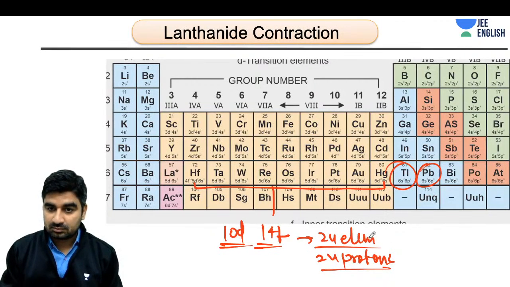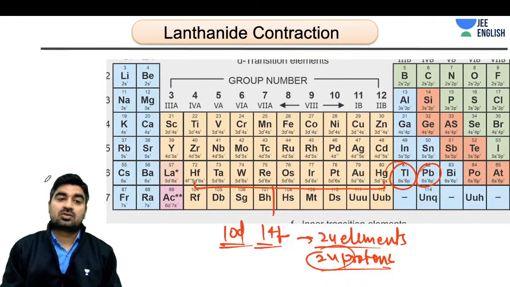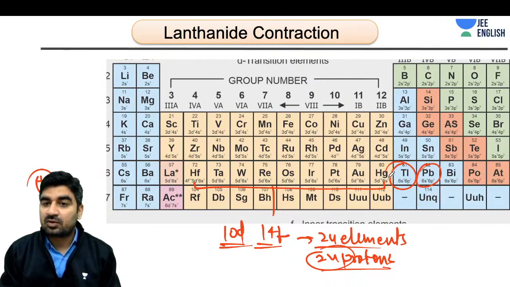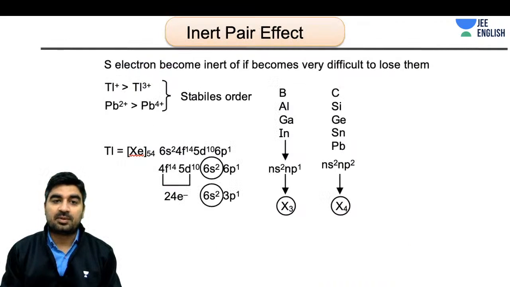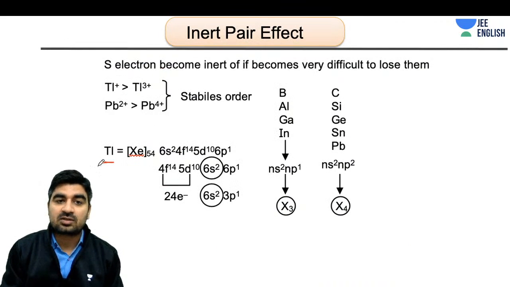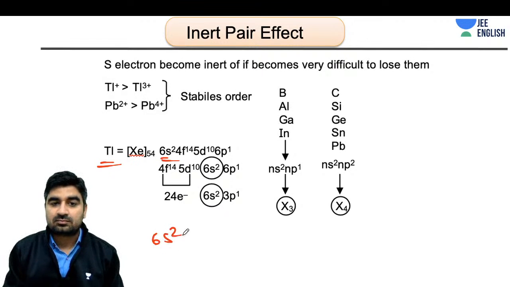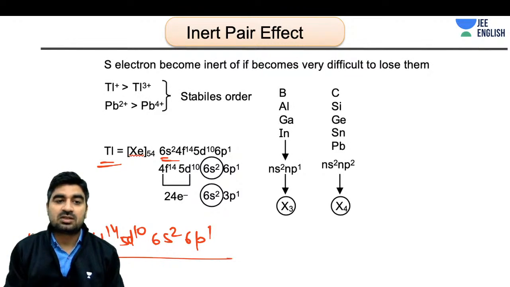So what would the general configuration be? It would be 6s2 and 6p1, and before that you will have 4f14 and 5d10. This is the general configuration after xenon.